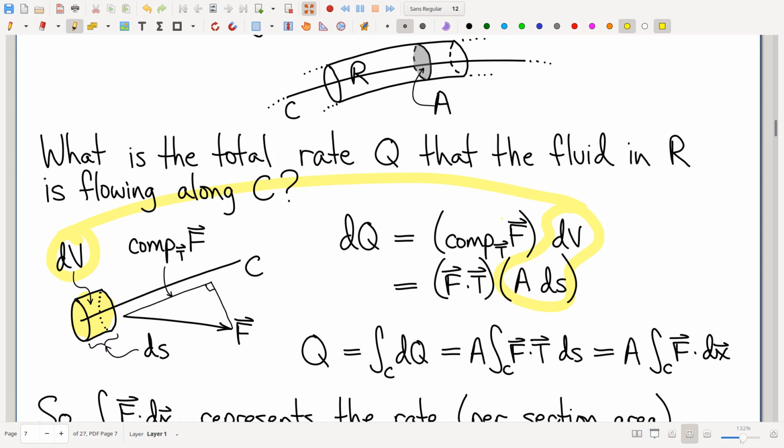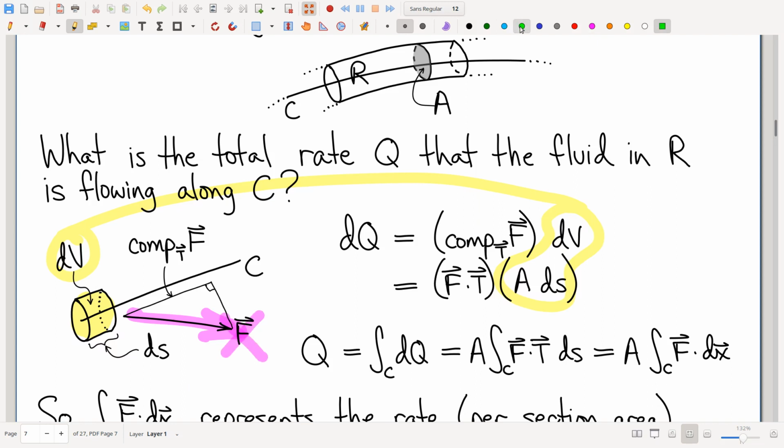Okay. Now, the vector field representing the velocity, that piece of fluid is flowing about like so. And so you got to kind of imagine this little piece of fluid is going to be going that way, right? But keep in mind, that's not what I'm interested in, right? The question says, to what extent is it flowing along the curve? So I'm not interested in the actual velocity.